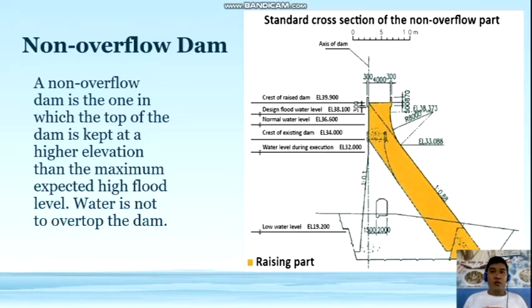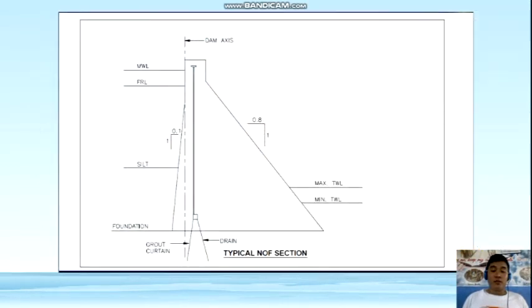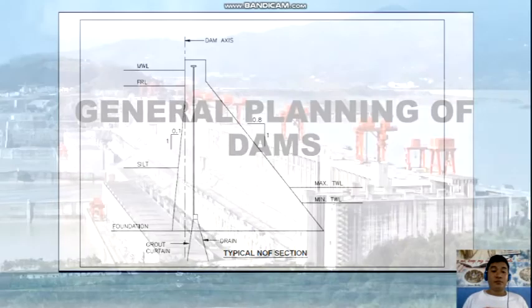So we can see that the design flood water level is below the crest of the dam. So this picture is also an example of a non-overflow dam. So this is a typical NOF section or typical non-overflow section of a dam.